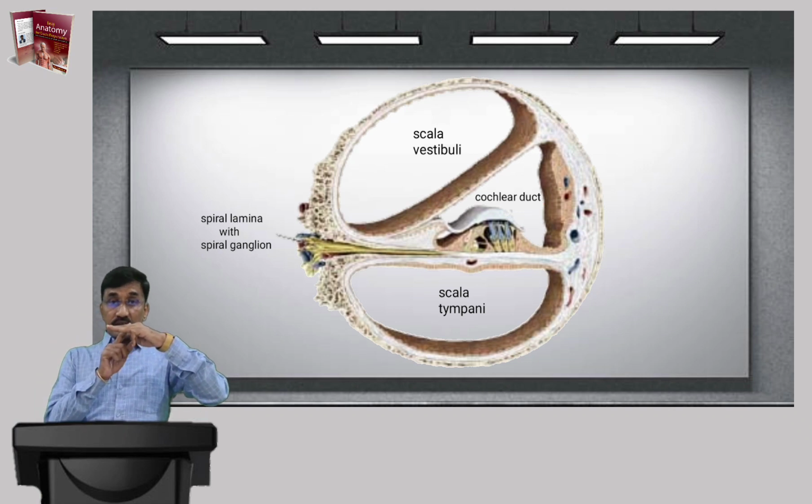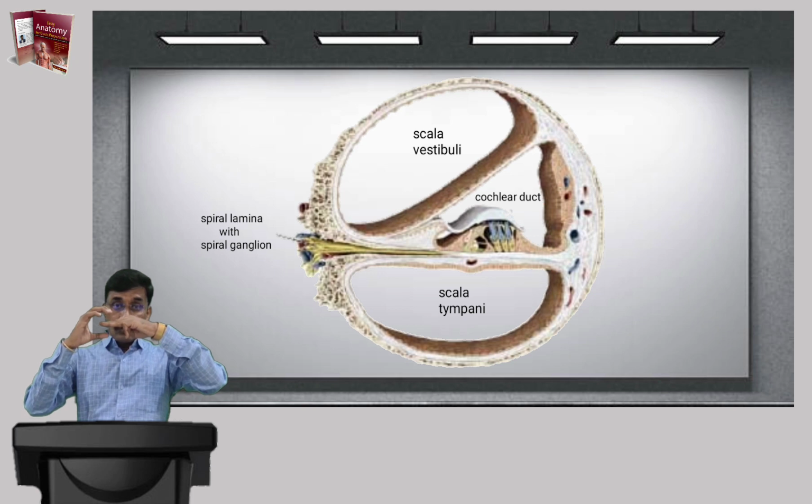Due to this spiral lamina, the cochlear duct is divided into 2 parts.